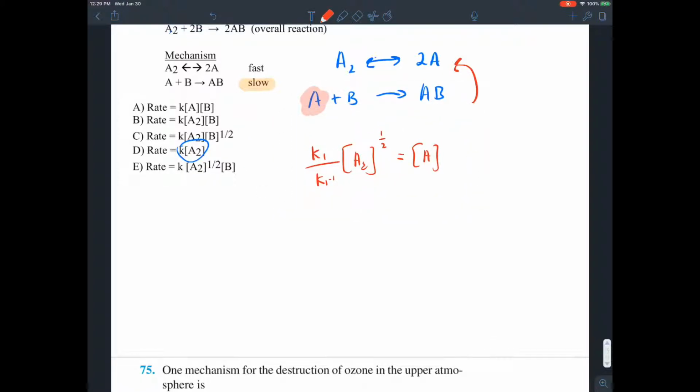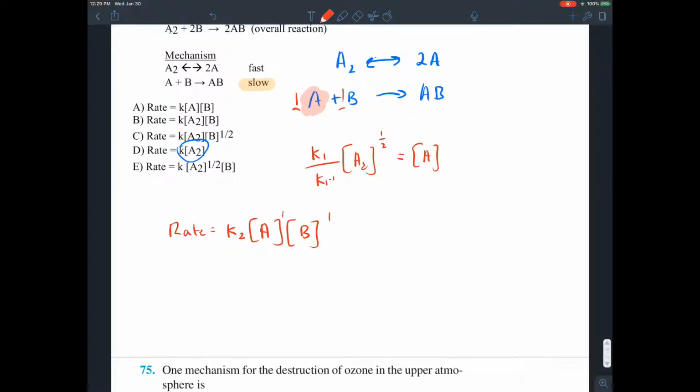Okay, so now let's go back to this second part of this equation. Well, the rate law for this second equation should be rate is equal to K2, because it's my second equation, times A and then B. And they each have a coefficient of 1, so it's going to be 1 and 1.